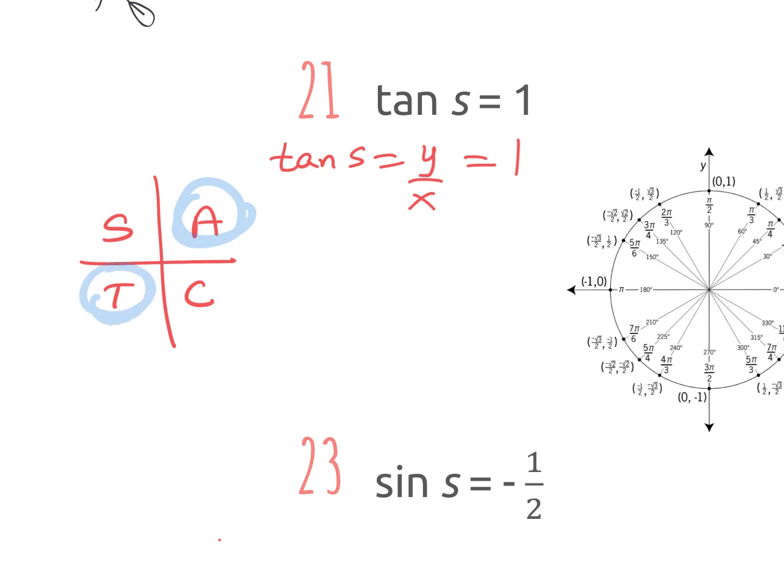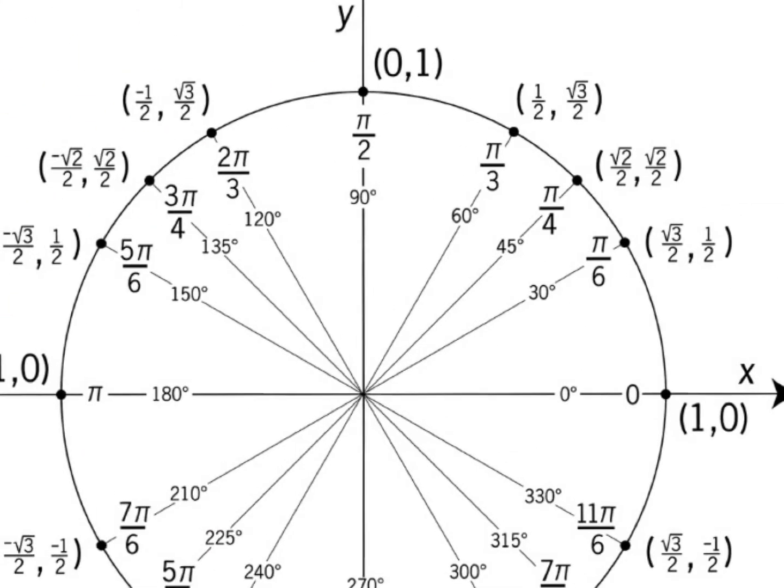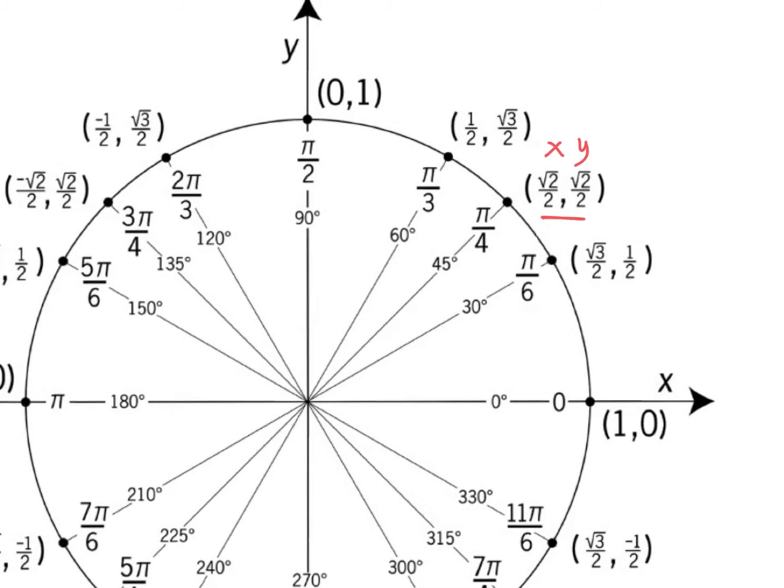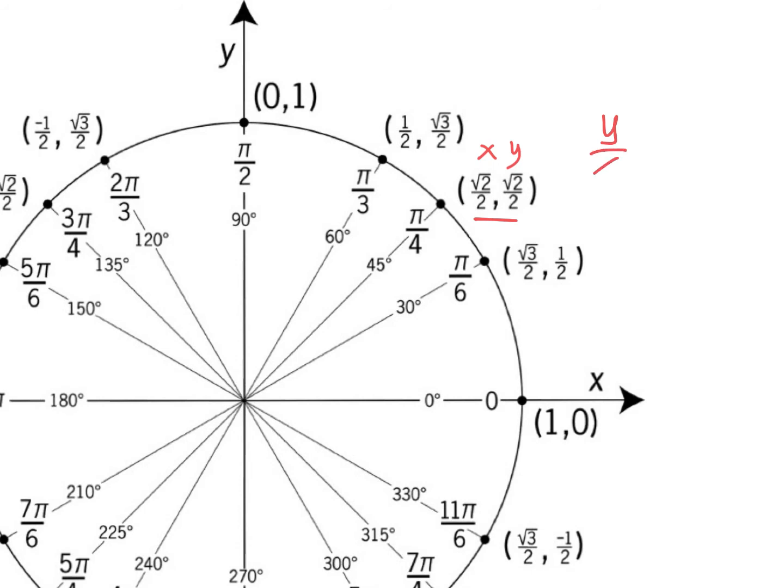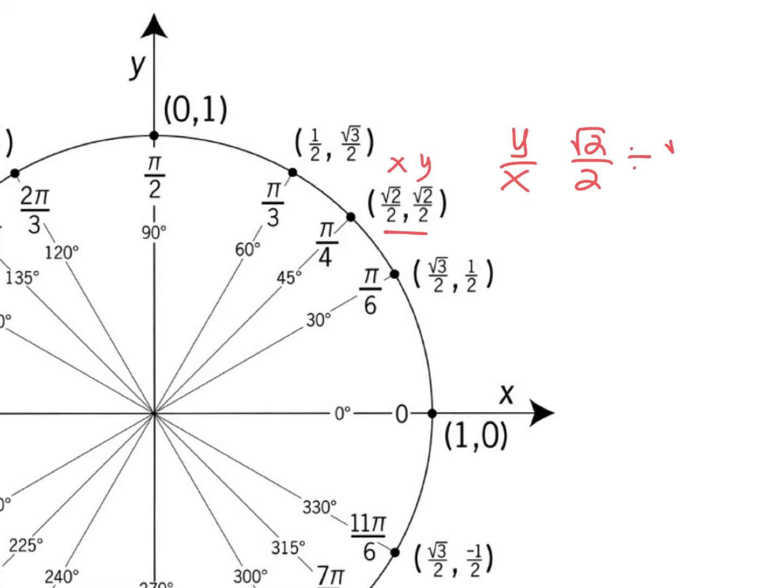If you've memorized that tangent of 45 equals 1, then you already know that your reference angle is pi over 4. Over here, notice the ordered pairs: the x and the y are the same numbers. Tangent is y over x, so if you do root 2 over 2 divided by root 2 over 2, anything divided by itself is 1.